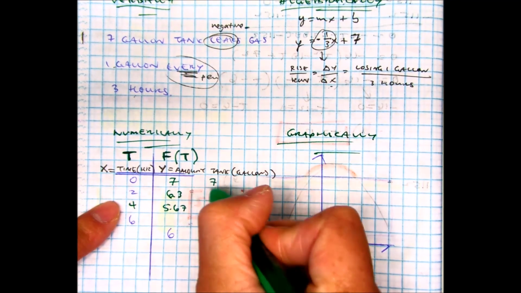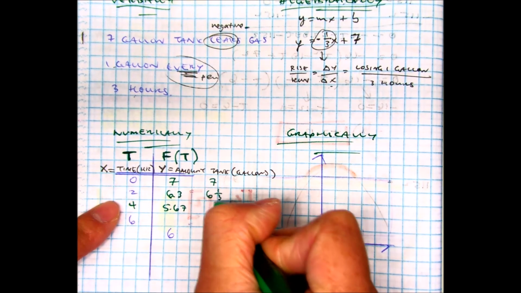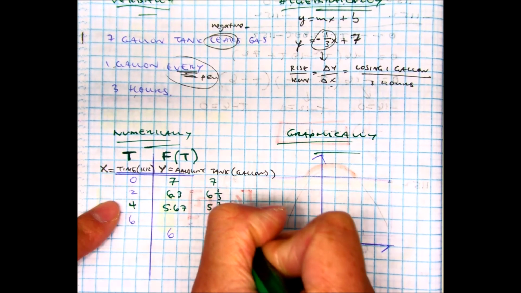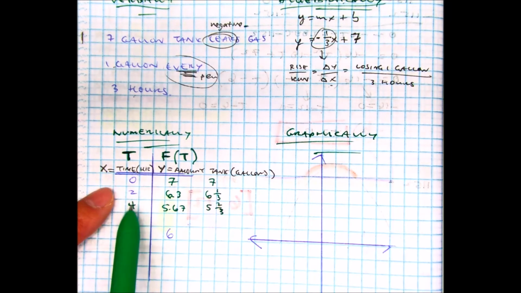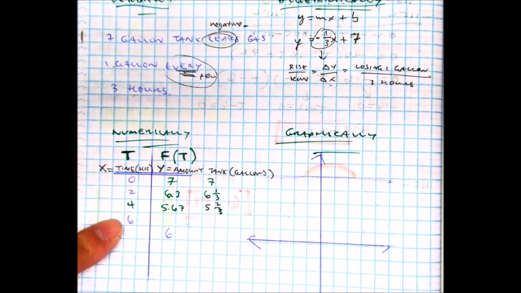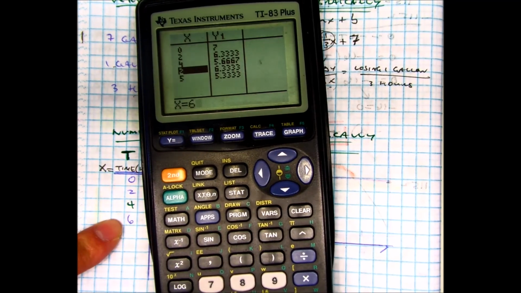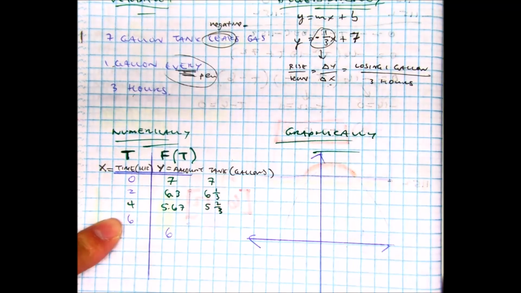So in fractions, that was 7, 6 and 1/3, 5 and 2/3. And essentially, you're just going down by 1/3 every 1, or every 2 is 2/3. Put in 6, you get 5.